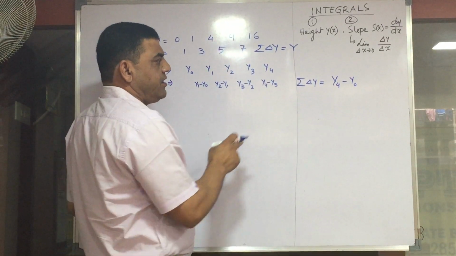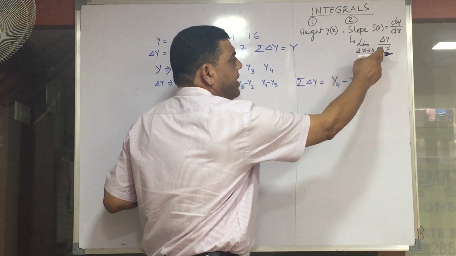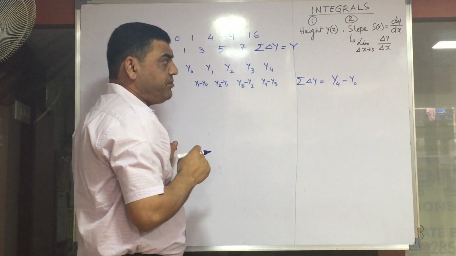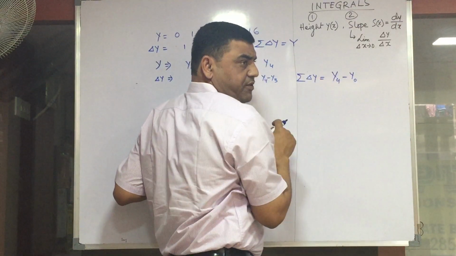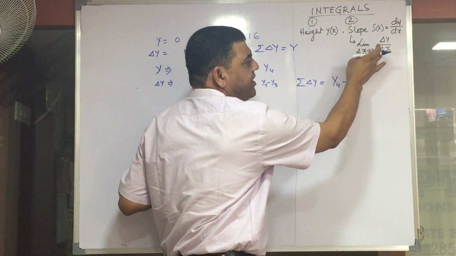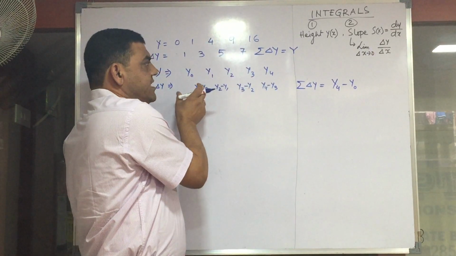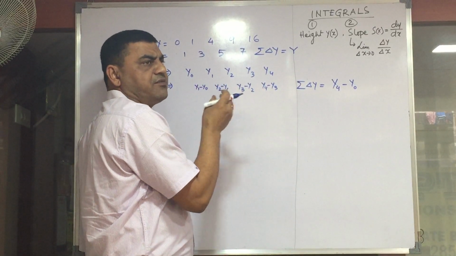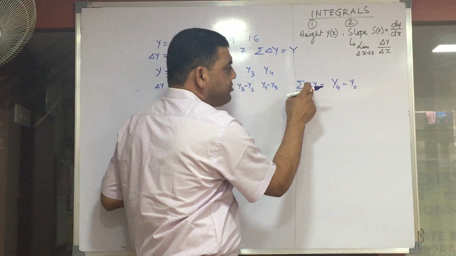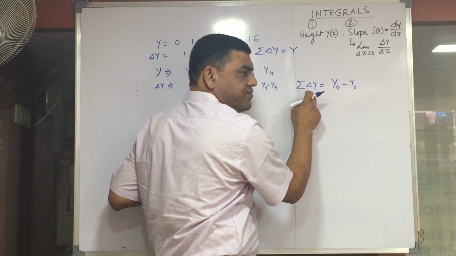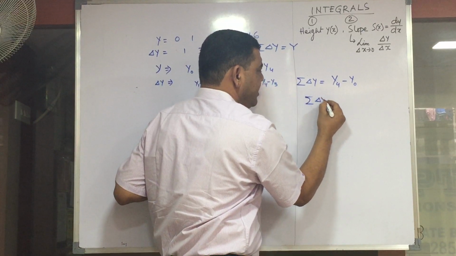Now if I want to write this in the limit form, in the calculus form, we take the limit when delta x tends to 0. That means we are splitting the second function's information into more and more fractions. If we want to write this in calculus form in a limiting order, it is nothing but delta y.